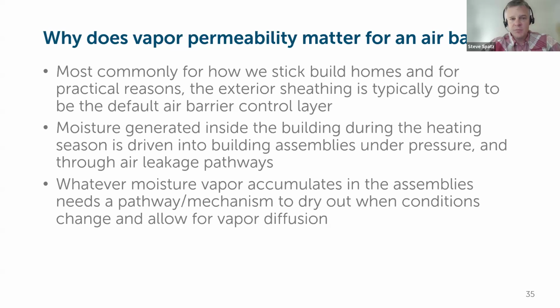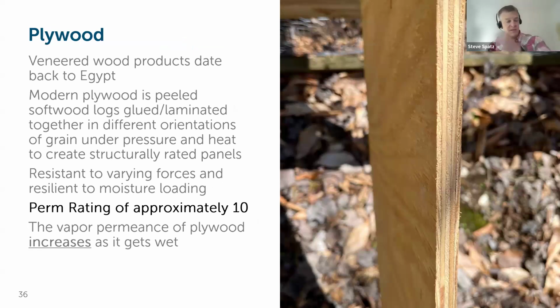Those are two sides of the equation there, and oftentimes we land somewhere in between. So again, understanding the capacity of the assembly to dry out over time, because it will inevitably load some moisture, we need to be considerate of that when defining what our air barrier layer is going to be, the characteristics thereof.